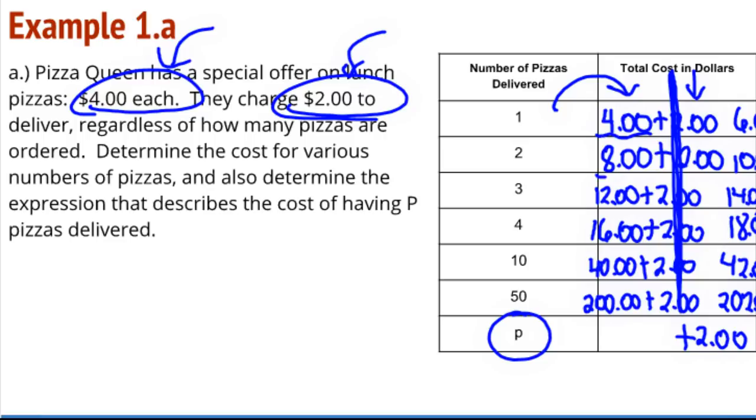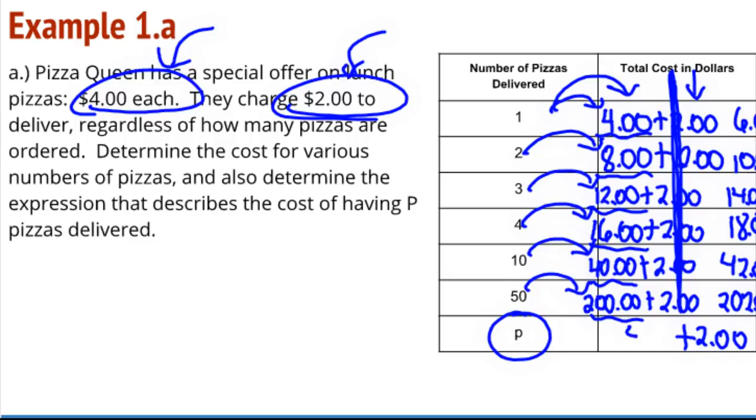What's changing is the amount I'm paying for the pizzas. And on this one, I notice I have just a regular multiplicative relationship. It's times 4. So I am taking the number of pizzas and multiplying it times 4. And then I'm adding $2.